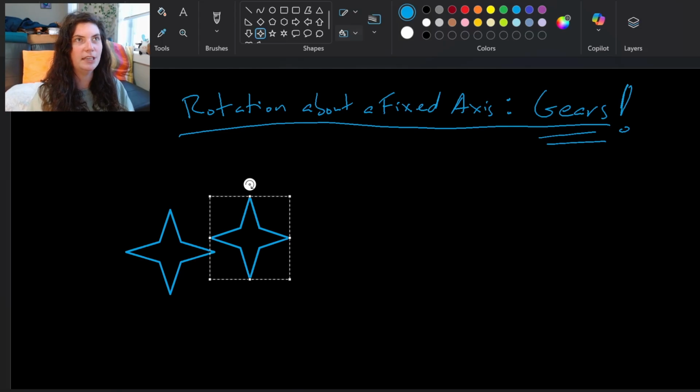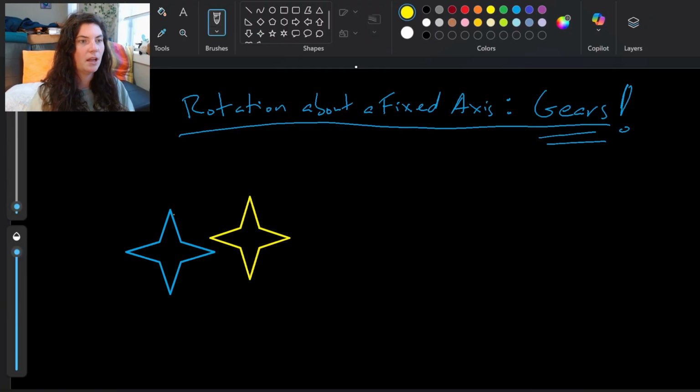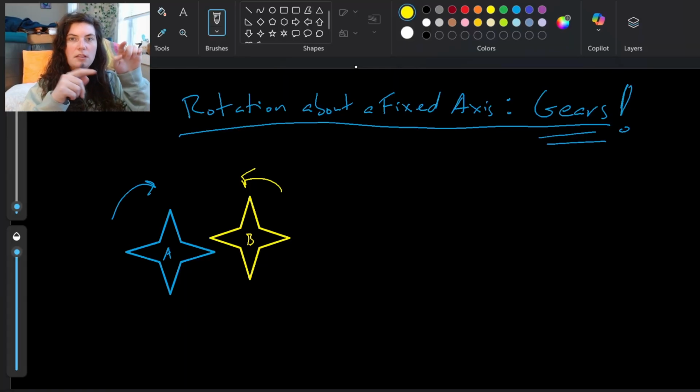But if I have a pair of gears here, and I'll make this one yellow, let's call this gear A and gear B. If I've got gear A and gear B here, and they're both rotating, gear A is rotating clockwise, and we're going to say gear B is rotating counterclockwise, so that the little tips of their teeth are going to intersect and turn around each other.